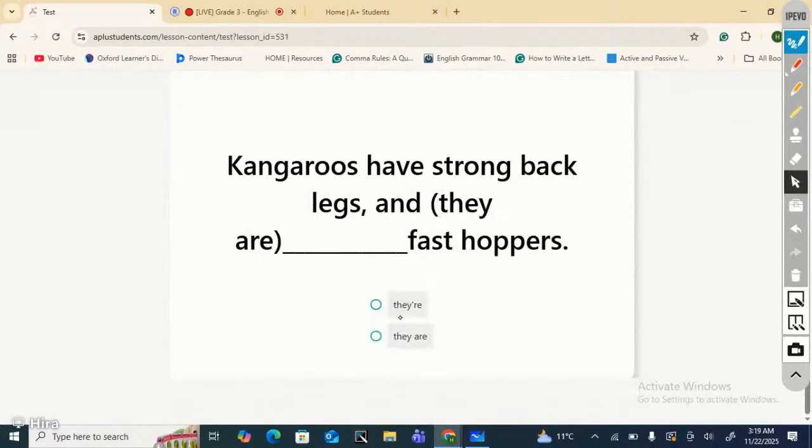Kangaroos have strong back legs and they are fast hoppers. These two words, which are in parentheses, must be contracted. So, what is the correct contraction of these two words? They are. Option one, option two.